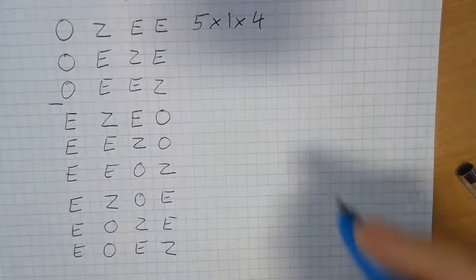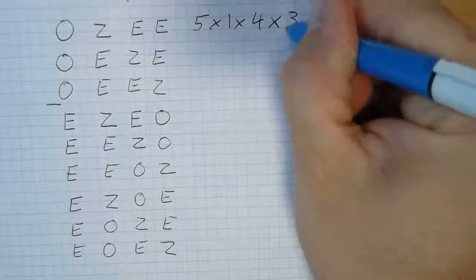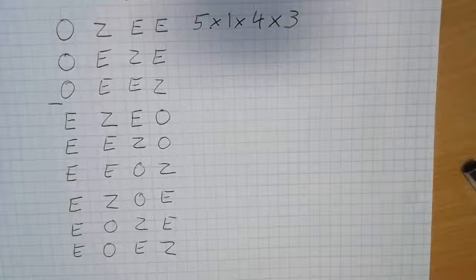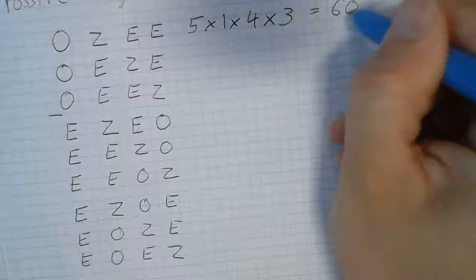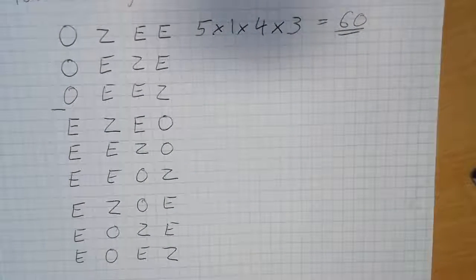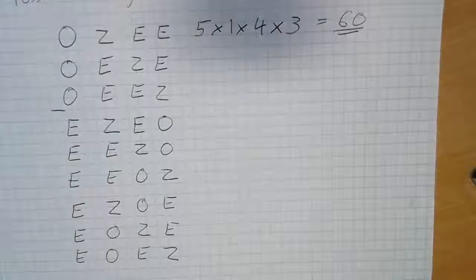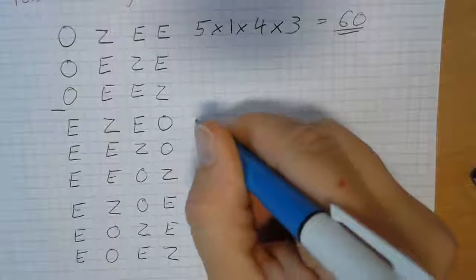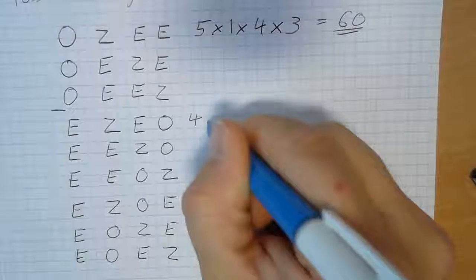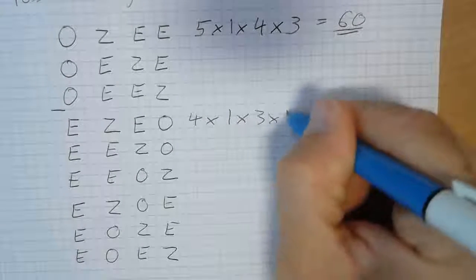And then my next even is going to be 3, because I've already used one of the evens up. So this is just 60 each, right? 5 times 4 is 20 times 3 is 60. It doesn't matter what order I do that in. If we have a look at this one, this would be 4 times 1 times 3 times 5.